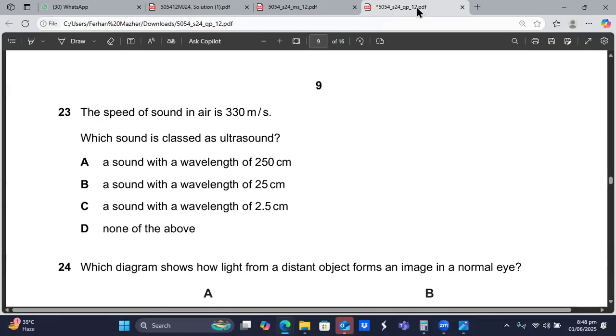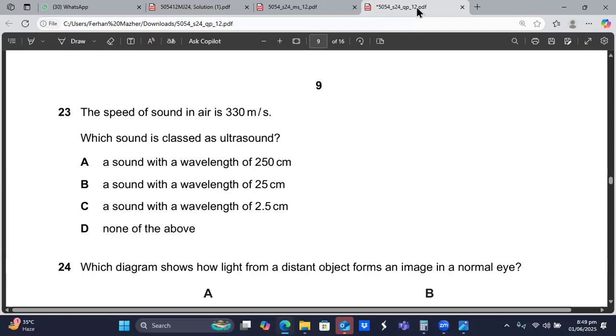Question number 23, sir. The speed of sound in the air is 330 meters per second. Which sound is classed as ultrasound? We think that ultrasound does not depend upon this. Ultrasound will also have the same speed, and we differentiate the sound from the ultrasound on the basis of its frequency.